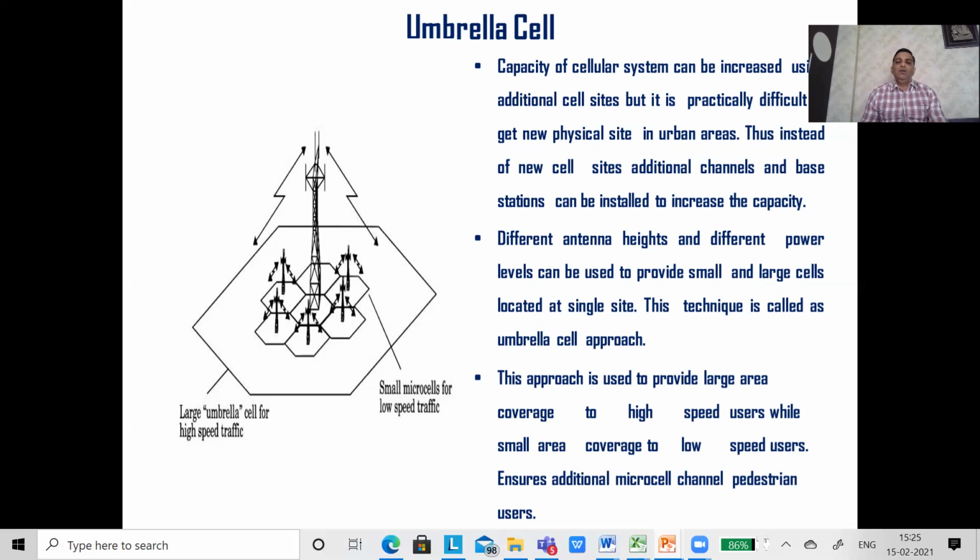In a very simple way, you can differentiate high-speed and low-speed users. A high-speed user, for example, is a person moving on vehicles, and a person who is walking in the cell area you can consider a low-speed user.